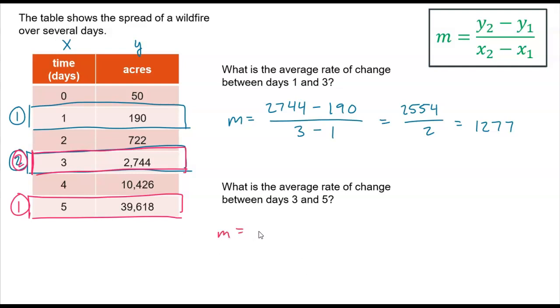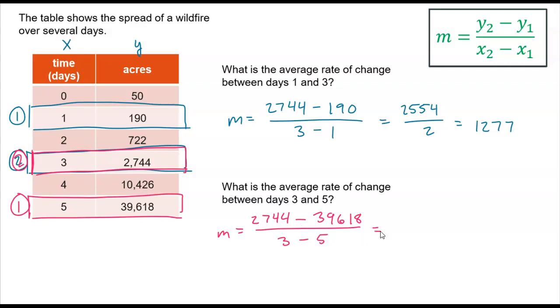So we get slope is y2, that's going to be 2744, minus y1, which is now 39618, over x2, which is 3, minus x1, which is 5.